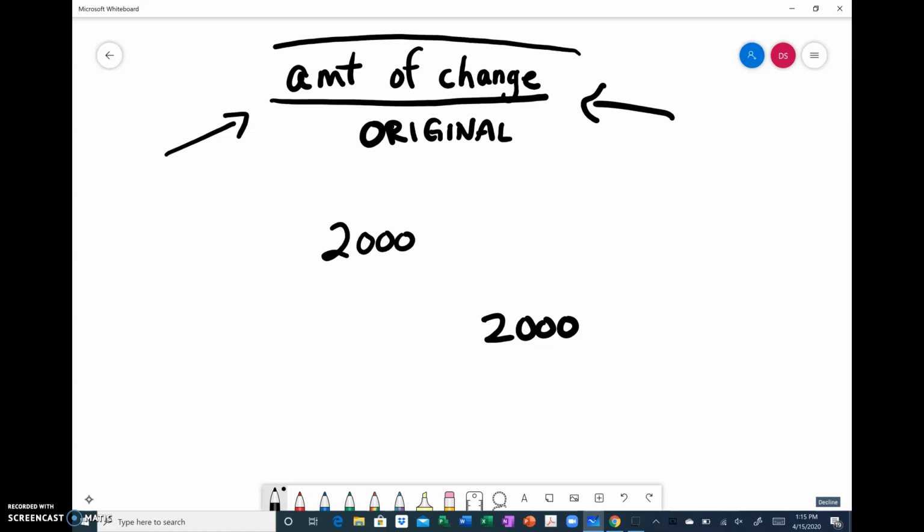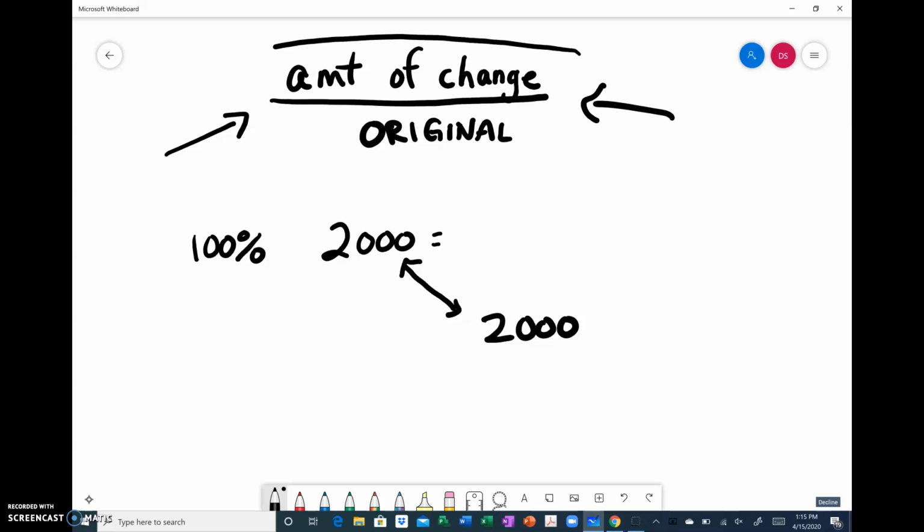Isn't 2,000 100% of 2,000? Okay, what is 100% of 2,000? It's 2,000. Okay, so you might say, well, if there was a 100% increase in sales, then they made 2,000. But does that make any sense? Is there an increase if they made 2,000 the first week and 2,000 the second week?